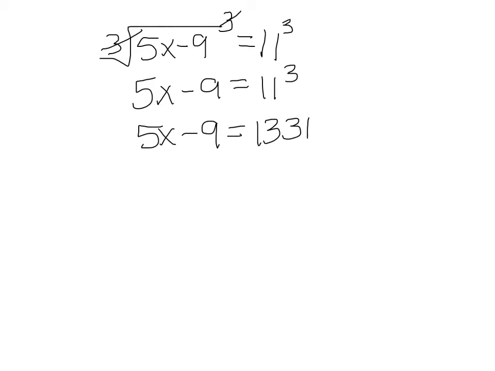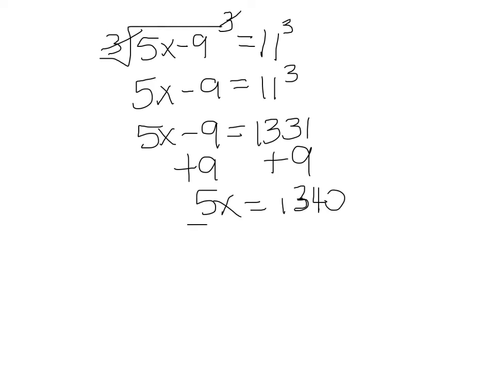So now we're going to add 9 to both sides. And we have 5x equals 1340. And then we're going to divide both sides by 5. So I get x is equal to 268.